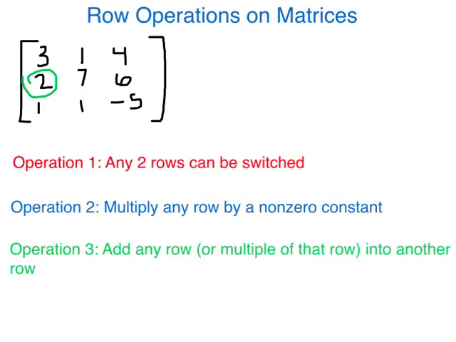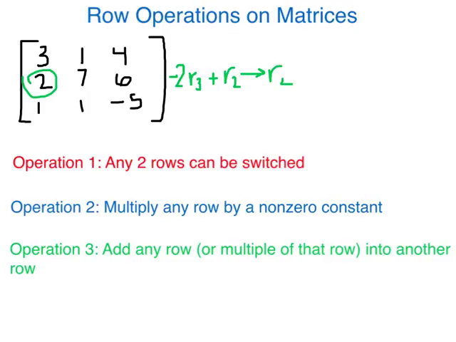You could take this 1, multiply this 1 by a -2 and add it to the second one, and you will get that 2 to be a 0. So what that looks like is I would go -2 row 3 plus row 2 will become my new row 2.